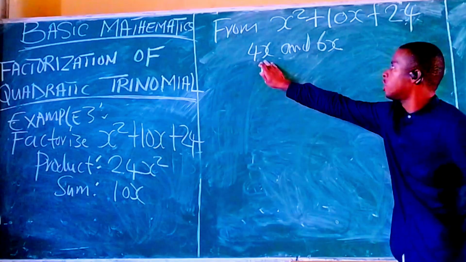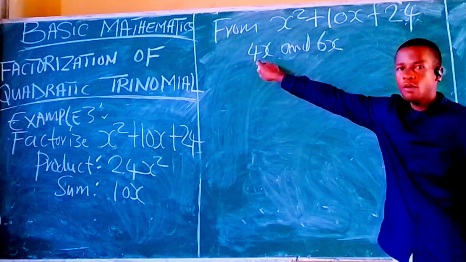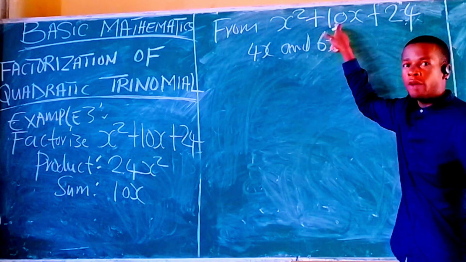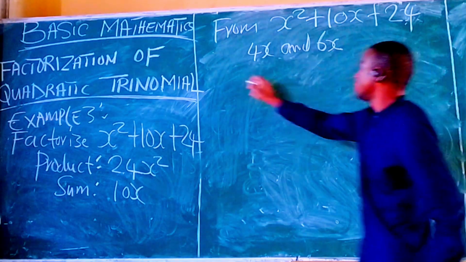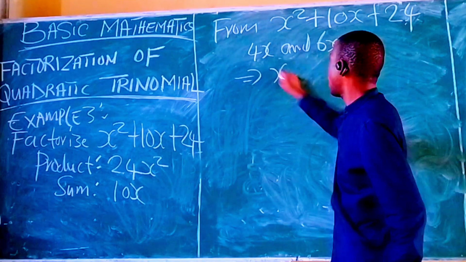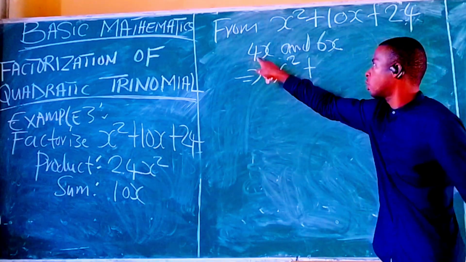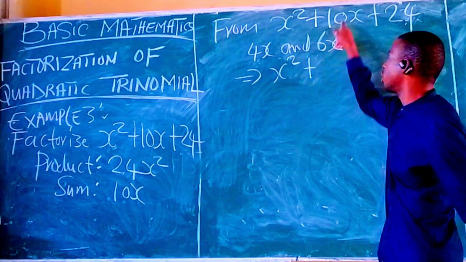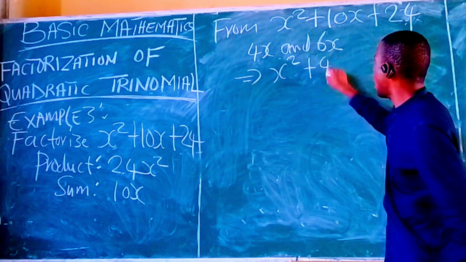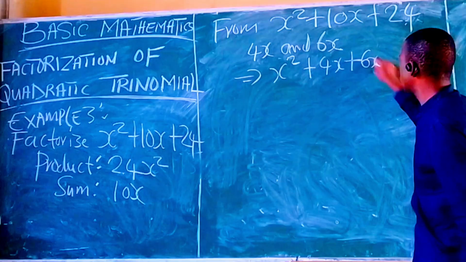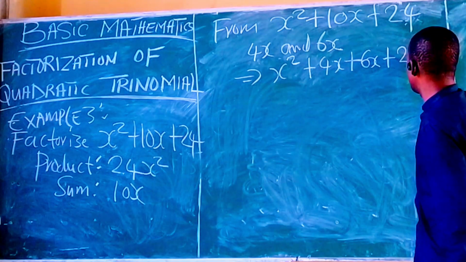Therefore, we will substitute these two numbers, 4x and 6x, in place of our middle number, 10x. So we have x squared, plus 4x plus 6x, then plus our 24.